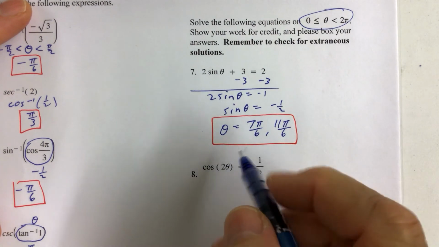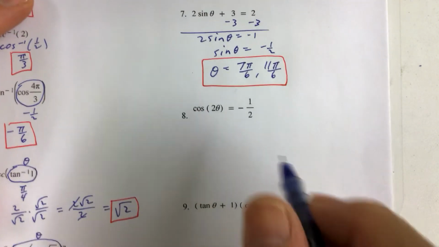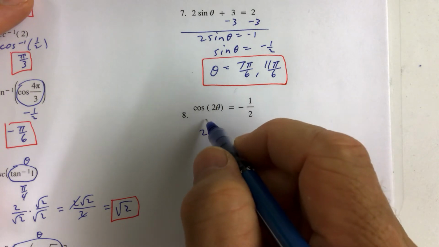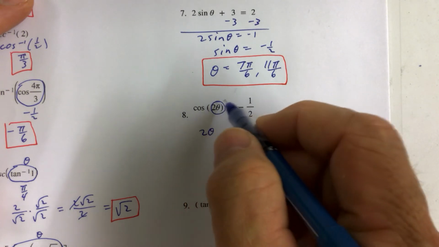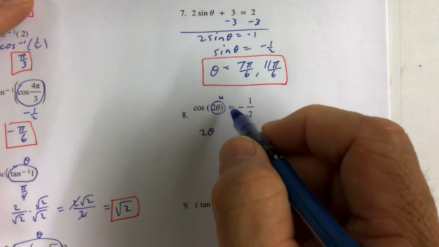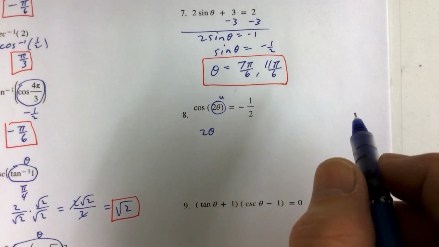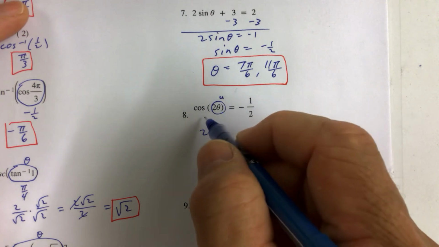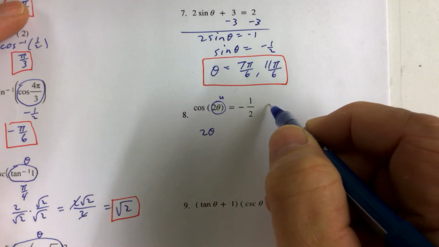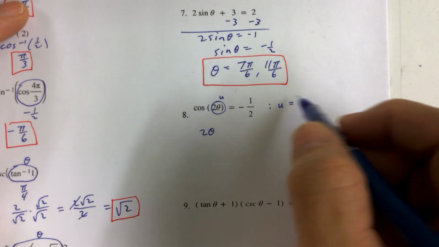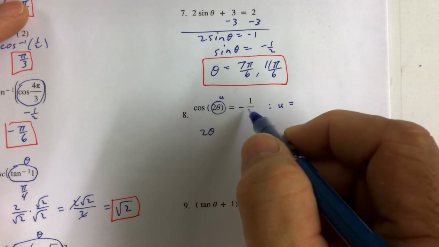Now, the cosine is equal to -1/2 when the angle, I initially said, okay, if you want to visualize this maybe a little bit easier, just treat this like cosine of u equals -1/2, where the u value then, the angle would have to be, where is the cosine equal to -1/2?